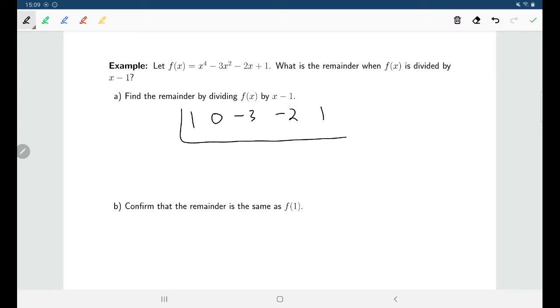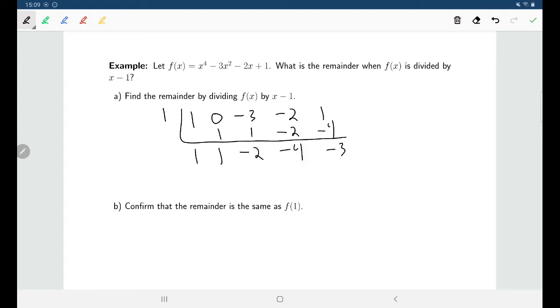And I'm dividing by x minus 1, so I'll use a positive 1 here. If you're a little bit hazy on synthetic division, and this is a mystery to you right now, this would be a good point to pause the video and go back and have a look at the synthetic division video, because we are going to be making heavy use of synthetic division in this section.